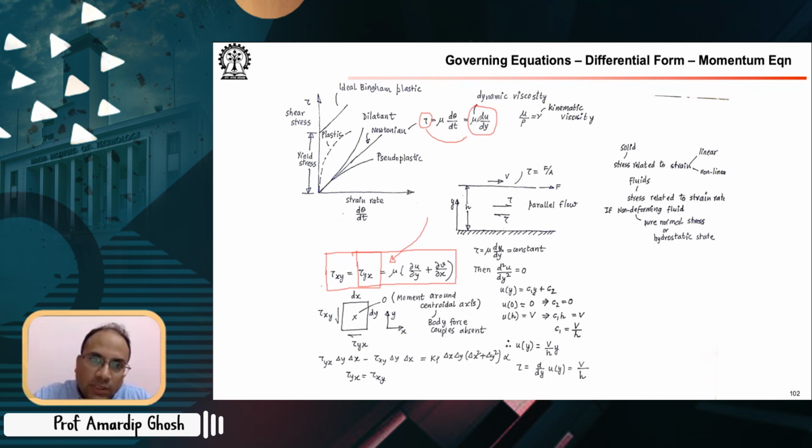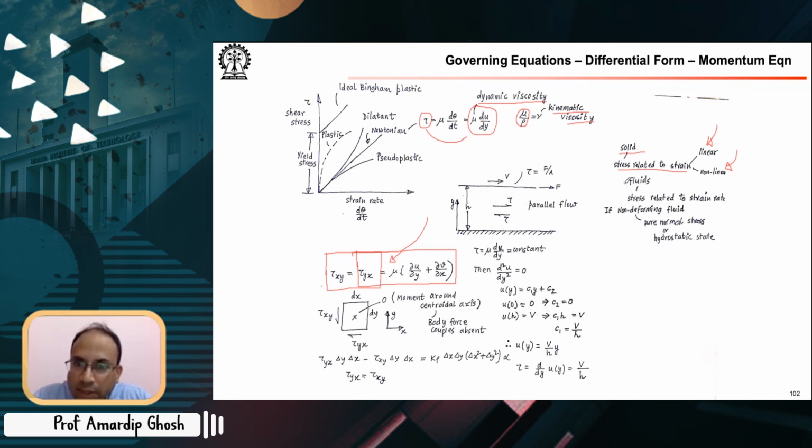This mu is known by the name dynamic viscosity, and sometimes mu by rho, which is the density, is given the name kinematic viscosity. Okay, to emphasize once again, in solids, stress is related to strain, and that can be linearly related or non-linearly related. Maybe initially it is linear, then it is non-linear.